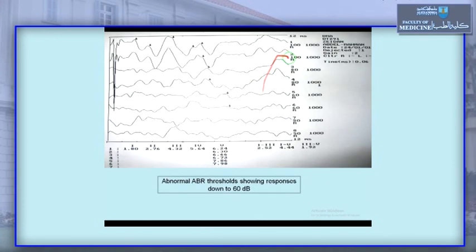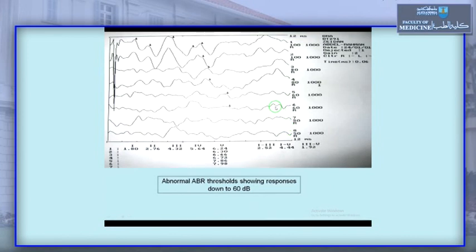Look at this case. We have the 5 waveforms of the ABR at 100, and we repeat 100 in order to make sure that the responses are repeatable. At 80 decibel, we have responses also. At 60 decibel, we have repeatable responses. At 50, there is nothing. What's the threshold?